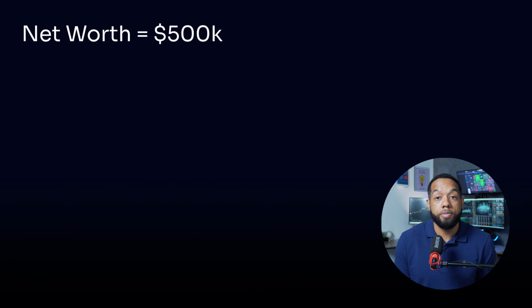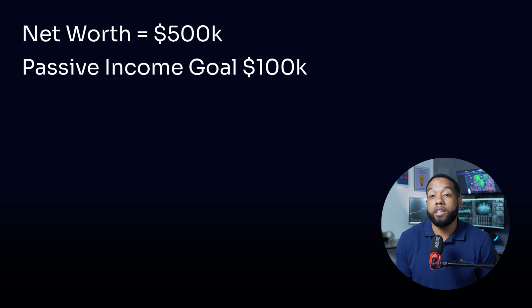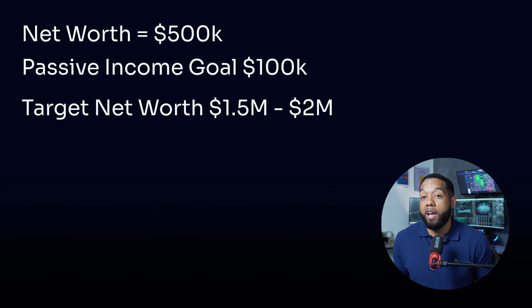Let's say right now you're sitting at $500,000 and you want to generate $100,000 of passive income. So we know our ideal target is probably around $1.5 to $2 million. It's not $1 million at 10% average yield because, of course, we don't want the entire portfolio in one asset class.